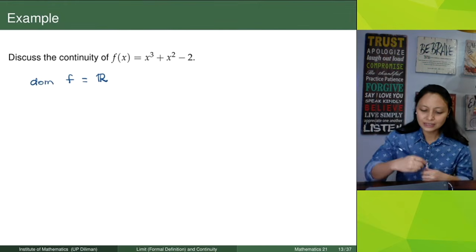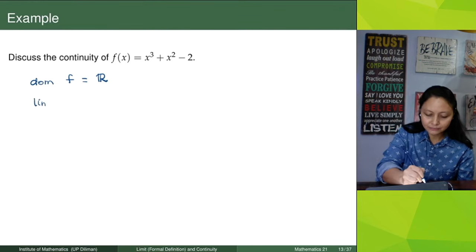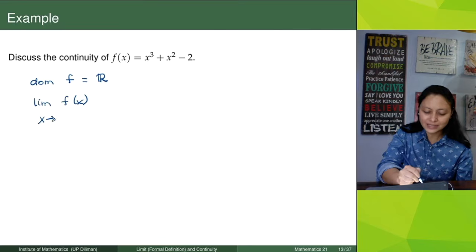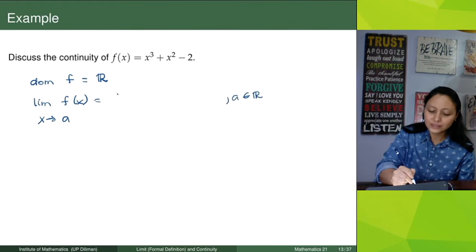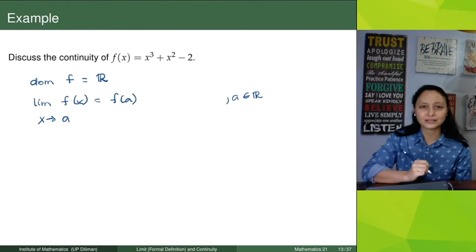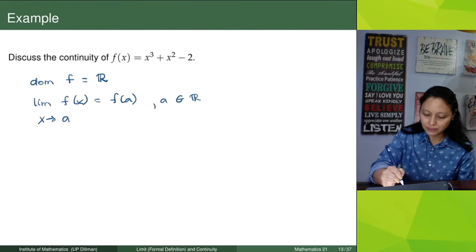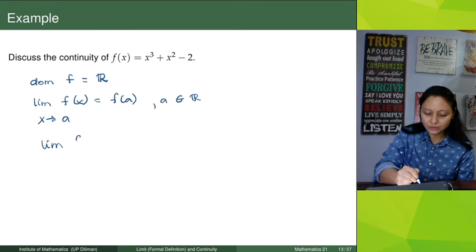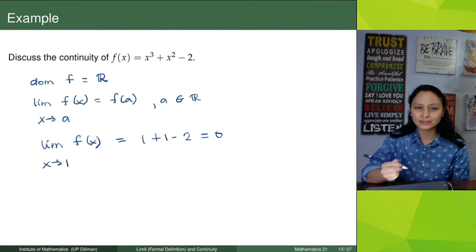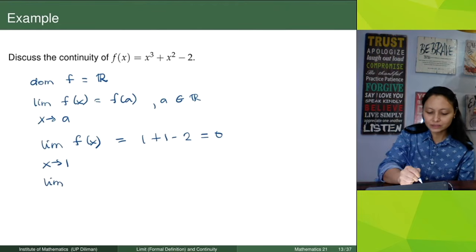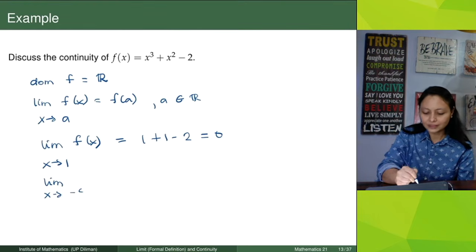Okay? Next, let's get the limit of f of x as x approaches a, where a is any real number. This will just be equal to f of a. Okay? Actually, suppose you want x to approach 1. As x approaches 1, so you have 1 plus 1 minus 2. This is equal to 0. The limit exists. You can choose x to be negative 5.